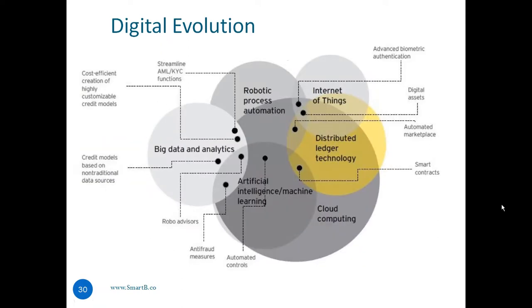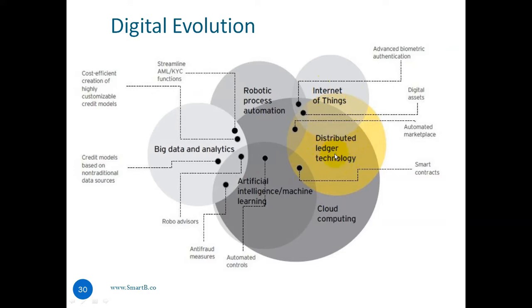A bit more on the technology evolution is whereby actually you look at RPA and AI and machine learning. Actually, both of them are equally weighted. Of course, then we talk about how we can help a company grow by combining different technologies. We have Internet of Things, we have distributed ledger.